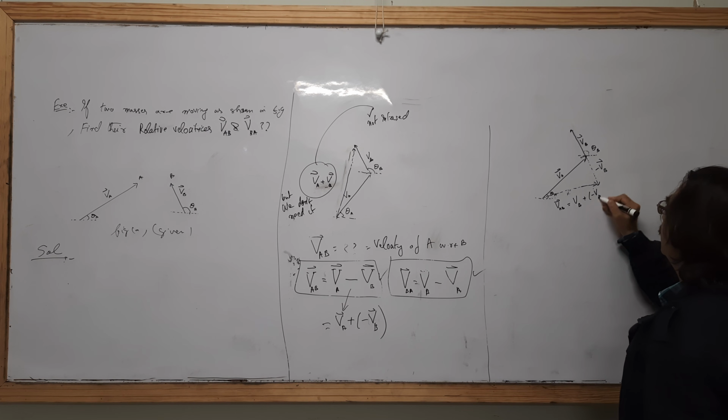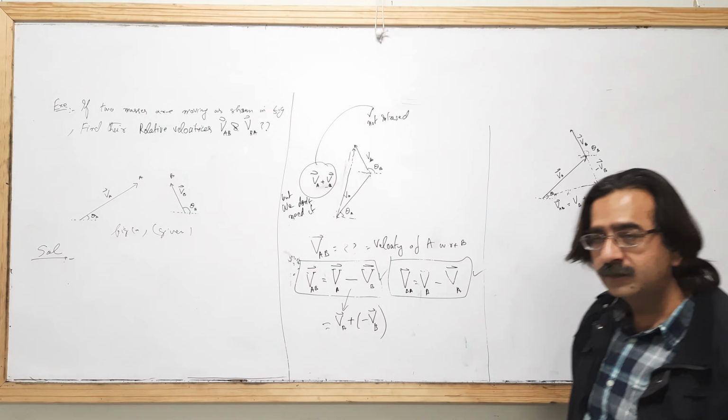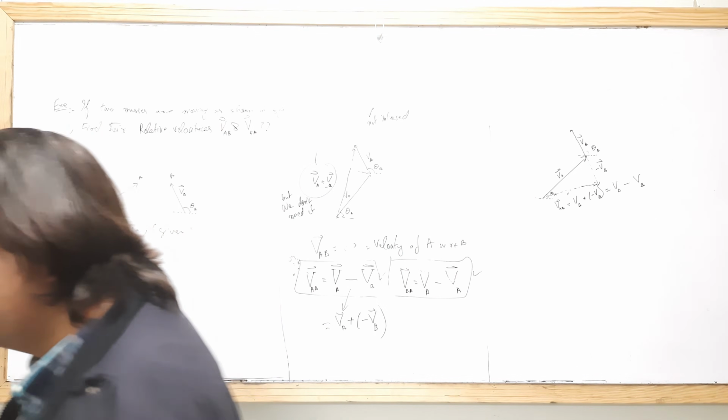This is minus VB, so this will be equal to VA minus VB.